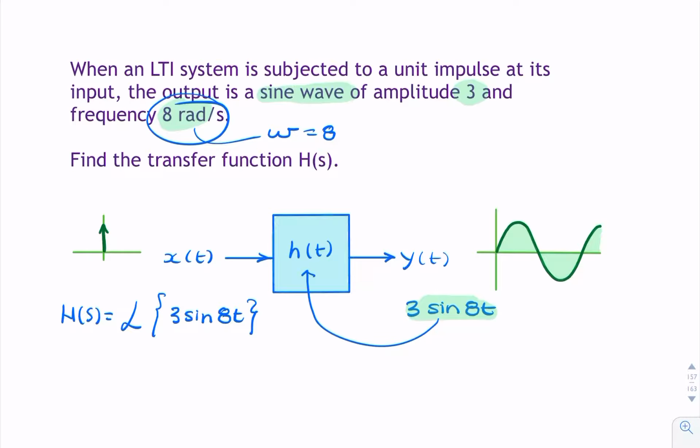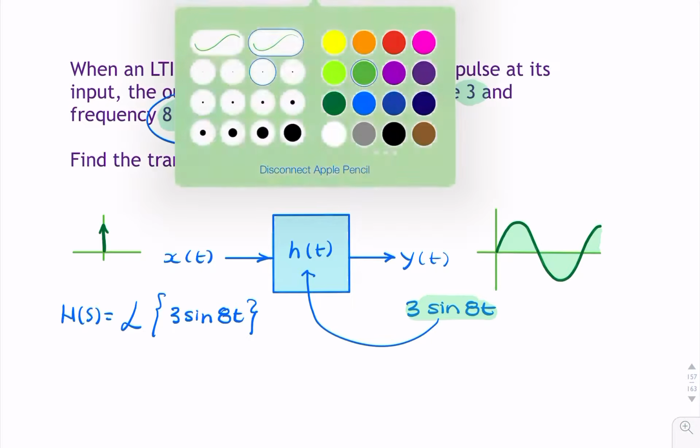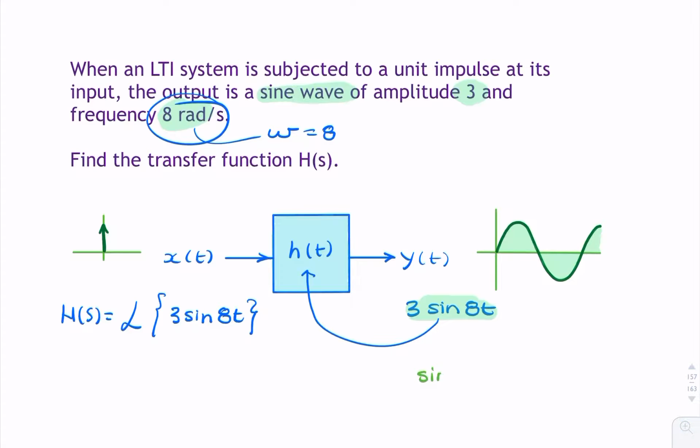Using the Laplace transform table, we know that sine omega t corresponds to omega over s squared plus omega squared.